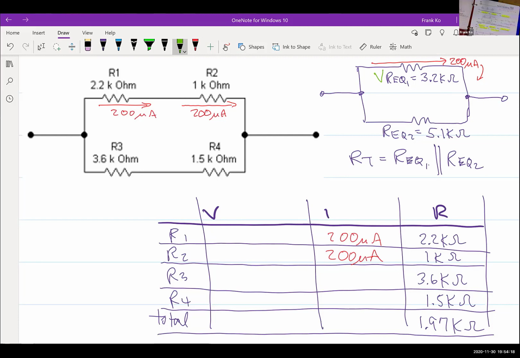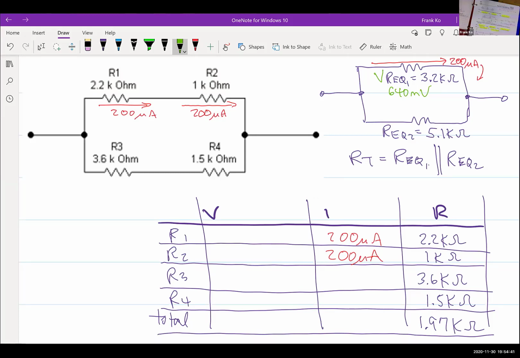Can I multiply the two together? If I multiply the two together, won't I get the voltage across REQ number 1? What do I end up with? So it works out to be 640 millivolts. Is that right or wrong?